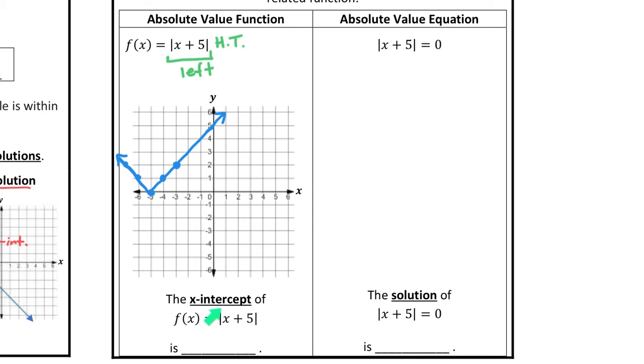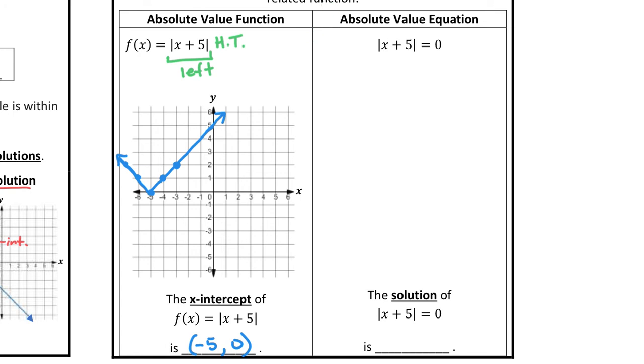And the question is, what is the x-intercept of this function that we just graphed? Well, it hits the x-axis at -5, 0. Okay. So now over here on the right, we're going to solve. And here is where we follow the rules from the top of the page.